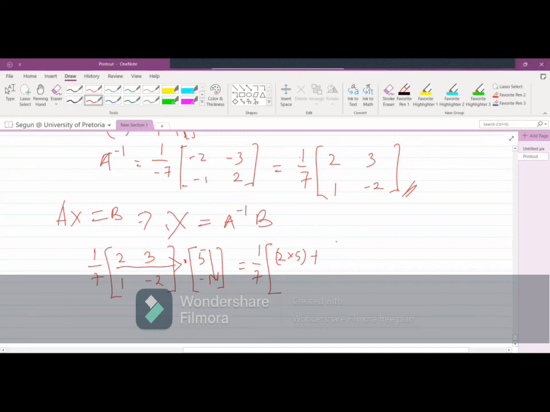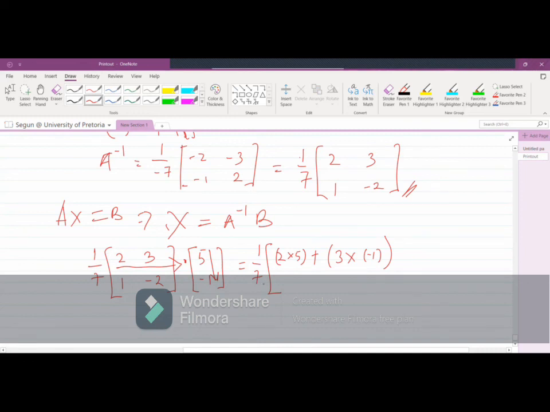It's minus, sir. How do you solve it? You add them together, sir. You add them together? Yes. 3 multiplied by minus 1.